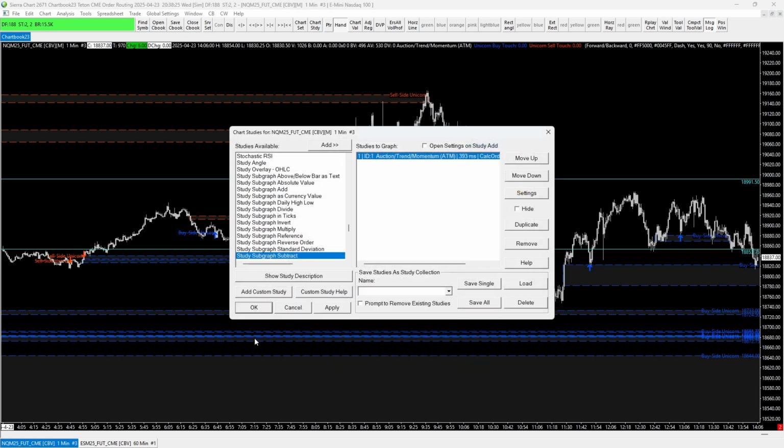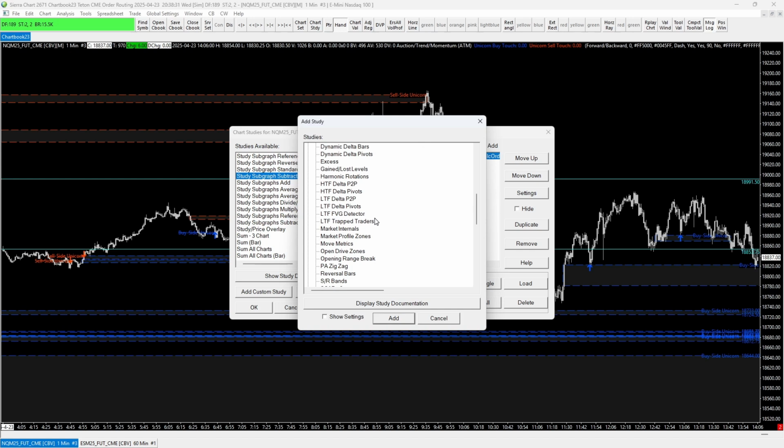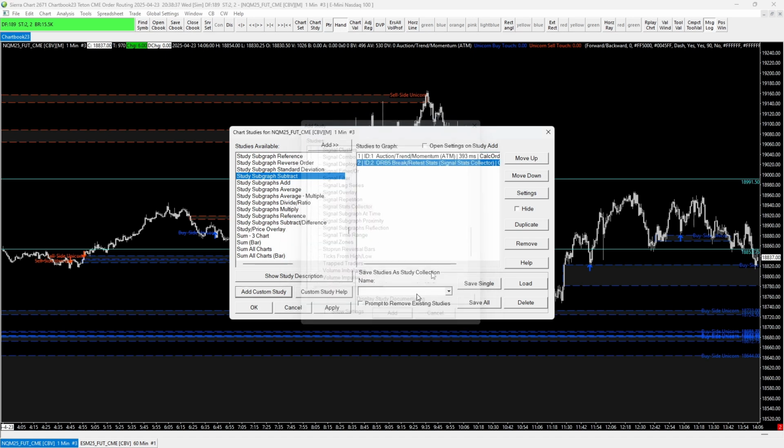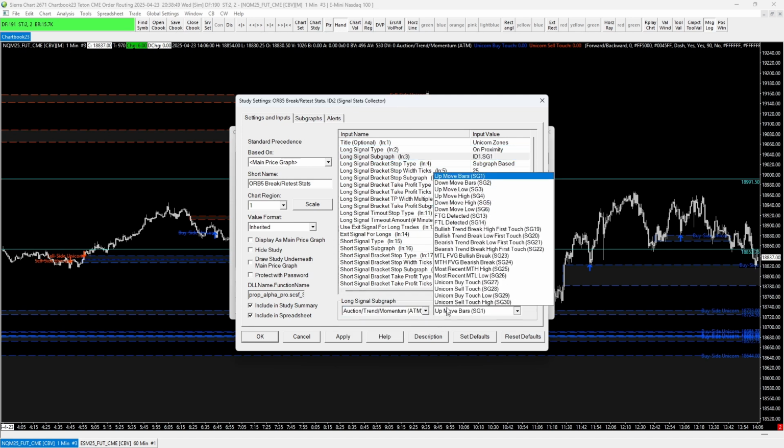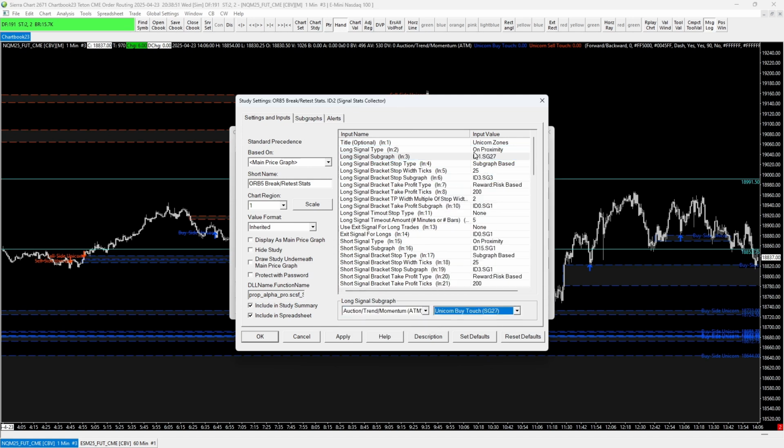Now, let's play around with stats collector here. Subgraph signal stats collector, and we want to do on proximity, and I'm interested in doing this with the buy touch subgraph based.